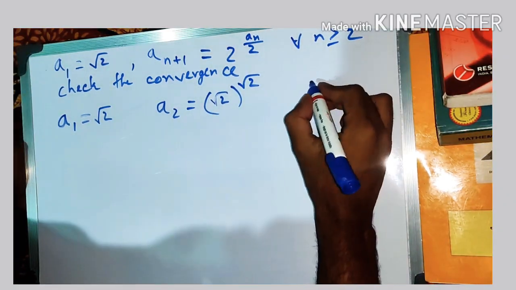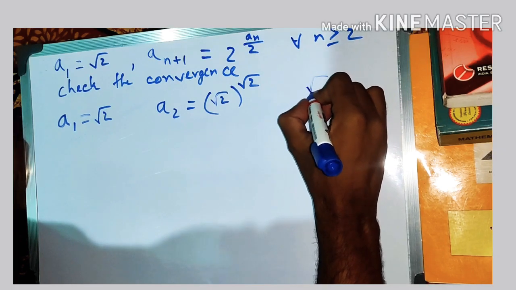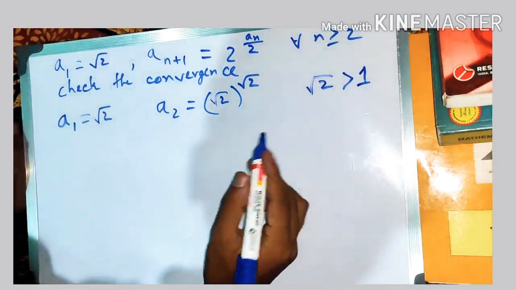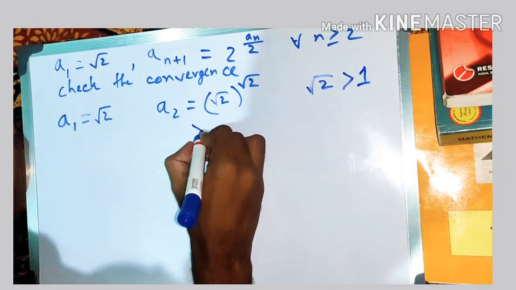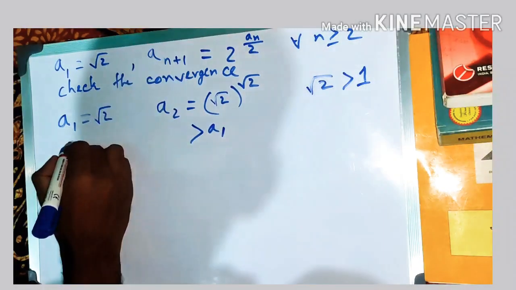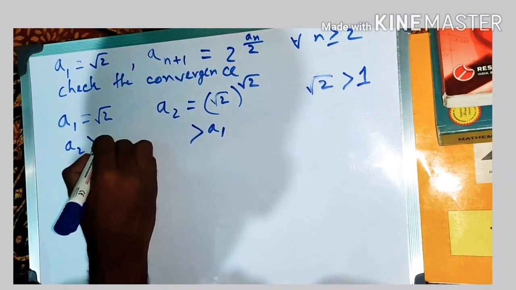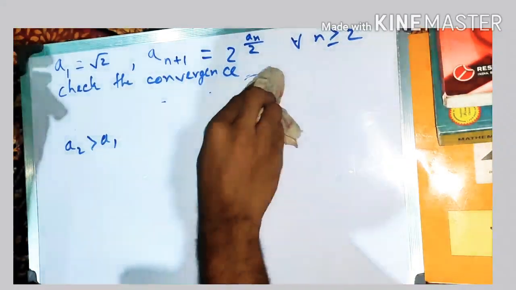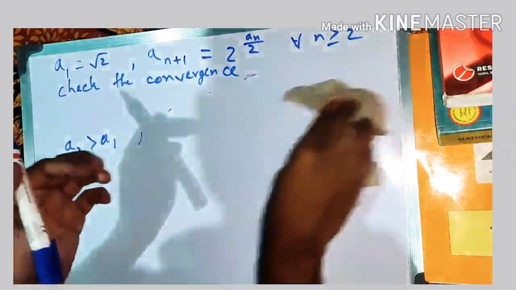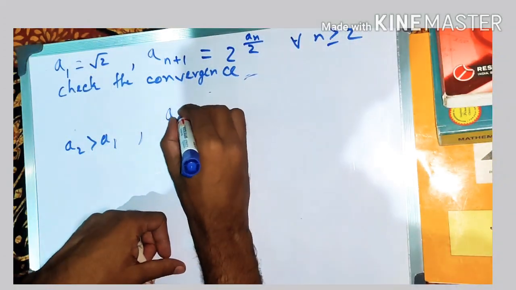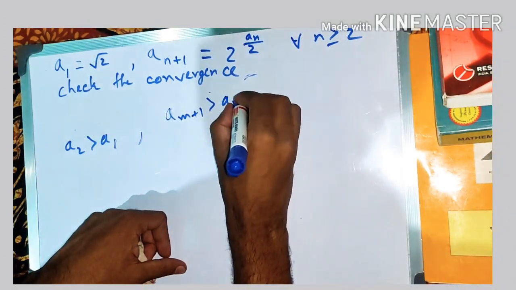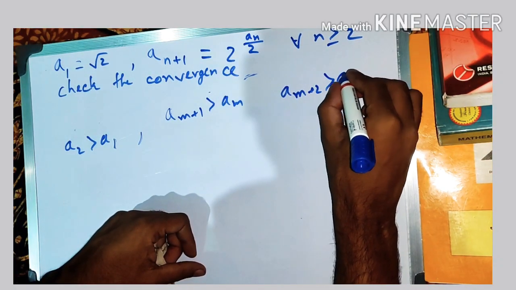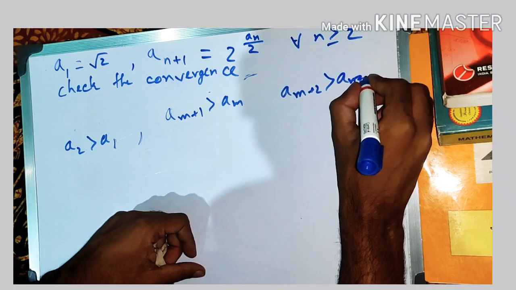Since root 2 is greater than 1, a2 is greater than a1. Let am plus 1 be greater than am. We check whether am plus 2 is greater than am plus 1.